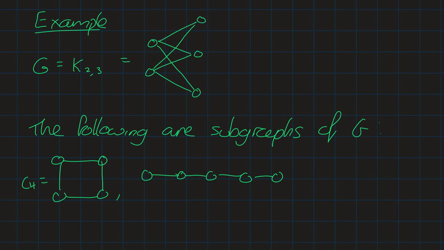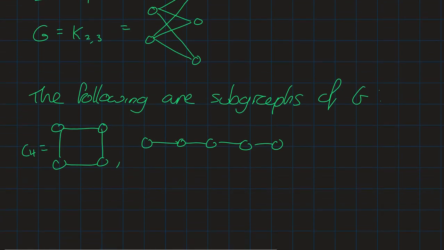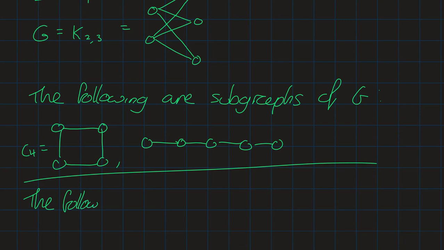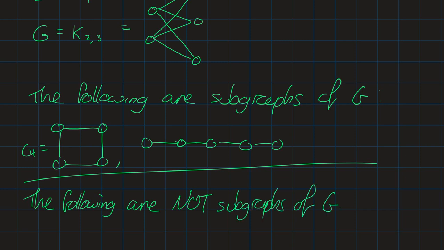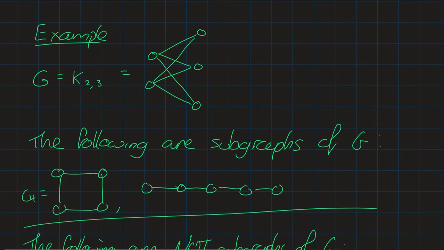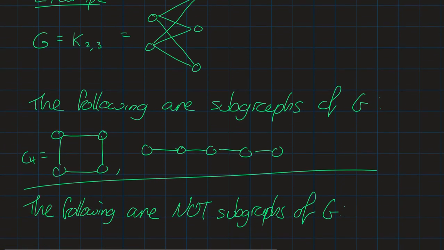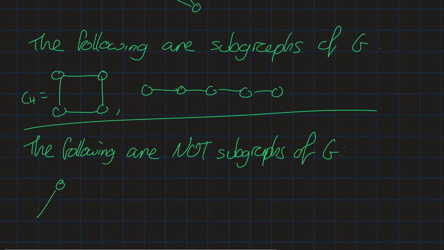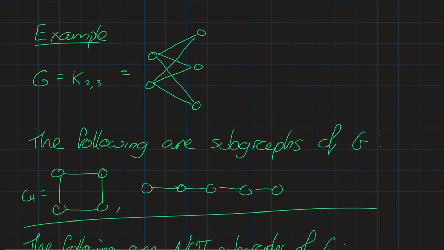Maybe some things that are not subgraphs. So the following are not subgraphs of G. So G is the same graph, this K2,3, and I claim that this is not a subgraph of K2,3 because nowhere in this graph up here can you find a triangle.